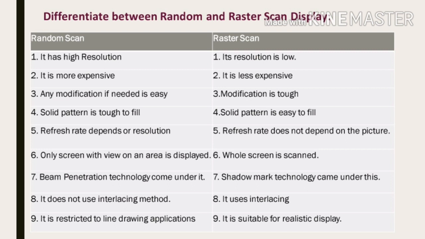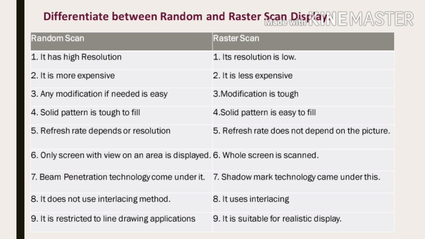Refresh rate depends upon the picture in random scan, but refresh rate doesn't depend upon the picture in a raster scan. Only the screen with view on an area is displayed in case of random scan. Whole screen can be scanned in a raster scan.